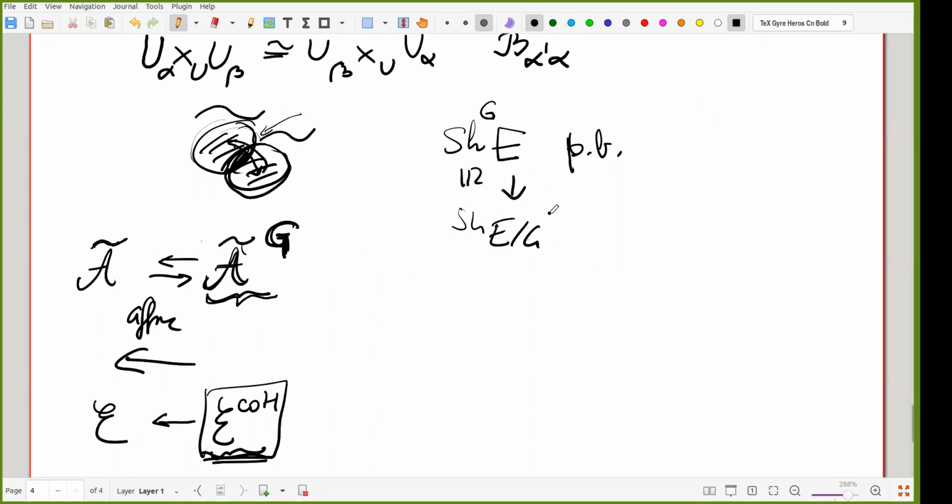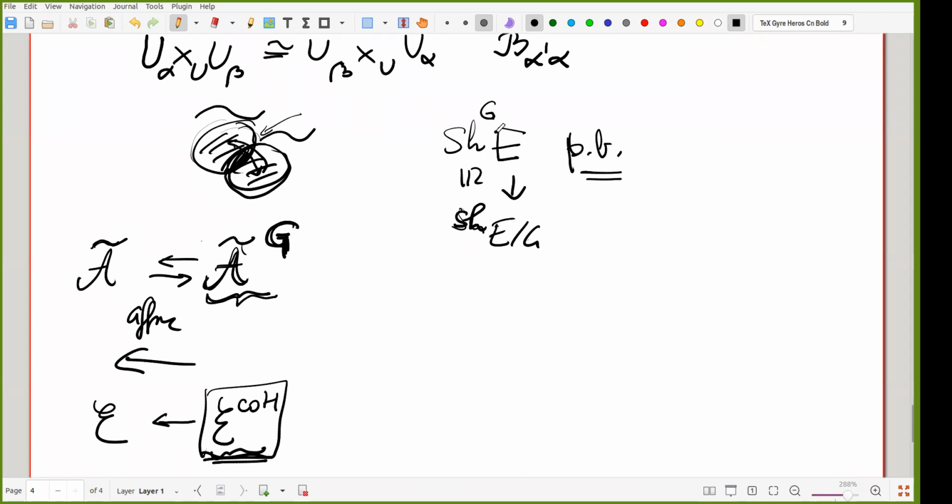That's called faithfully flat descent. That's faithfully flat descent along a torsor. So a principal bundle in commutative algebraic geometry is called a torsor, and the equivariant bundles or equivariant sheaves over the total space are the usual sheaves over the space of orbits.